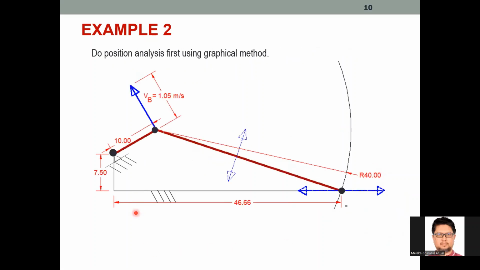So you have to draw the links exactly. In this case, I use AutoCAD, so you want to be as accurate as possible. I draw this 10 cm crank at 30 degrees. If you measure, this should be 30 degrees, pointing that way. And then you have this 40. Actually, it should be 50.